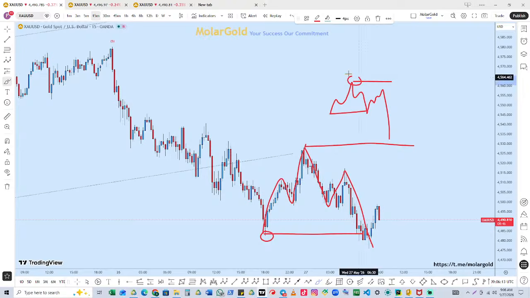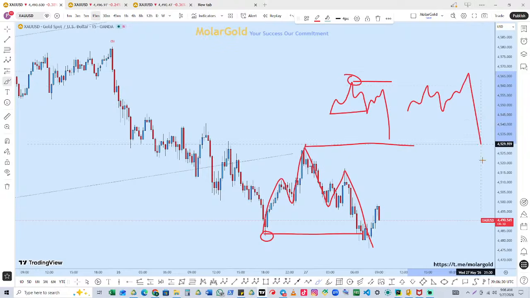It won't break this top. All right, this is a running flat. Then we can also have an expanded flat, a 3, then a 5. Breaks the top, then drops.